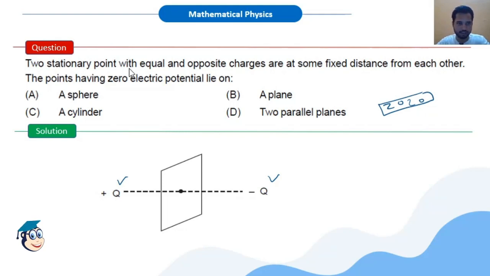As the question is asking, the points having zero potential will form the locus of a plane, a sphere, a cylinder, or two parallel planes, as given in the question. So you have to find the locus of the points which have zero electric potential.